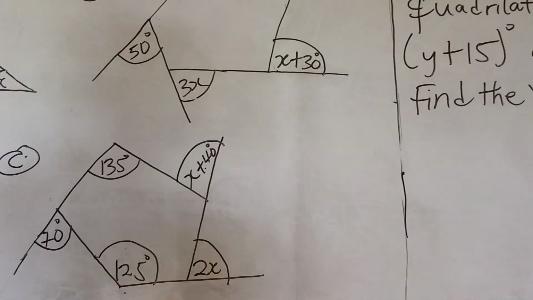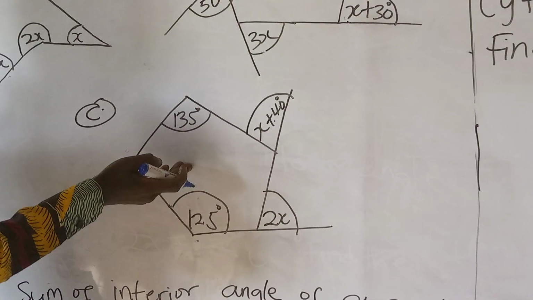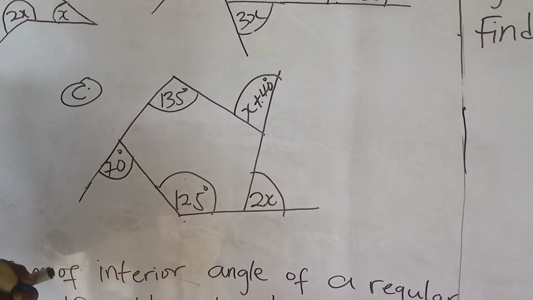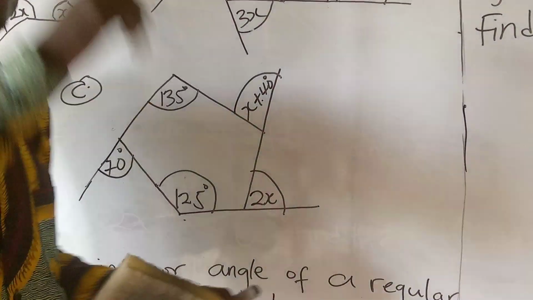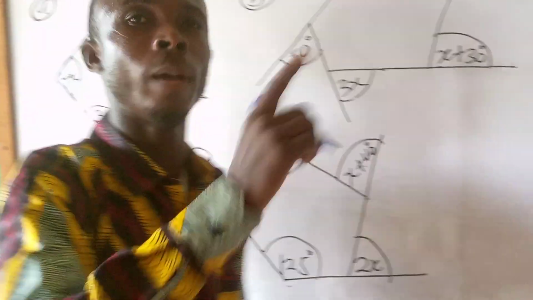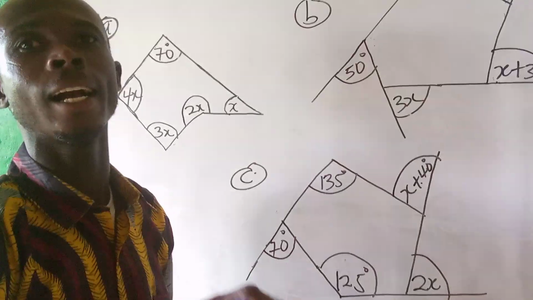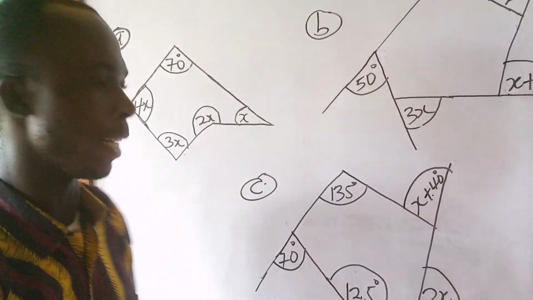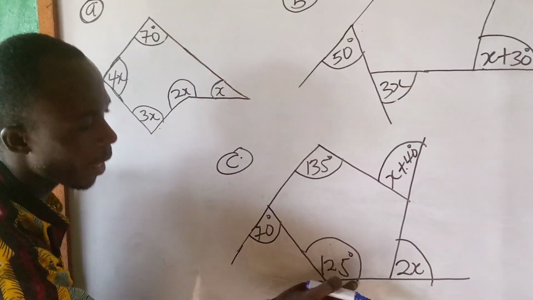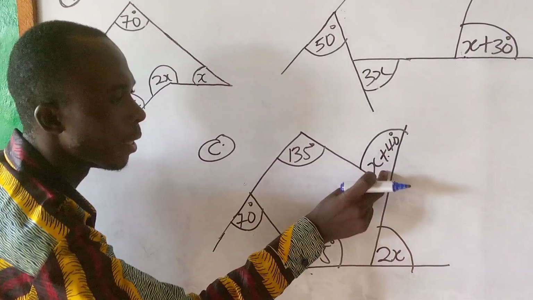One may ask, this question is wrong, but it's not wrong. I told you to note that always the sum of interior angle plus adjacent exterior angle sum up to 180 degrees, and I'm going to prove it here. You see, these are interior angles and these are exterior angles.